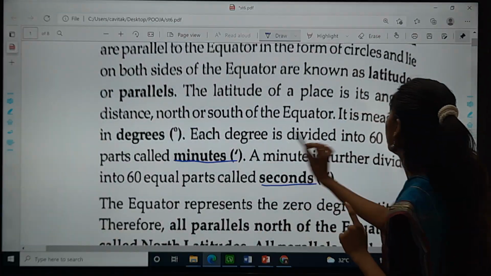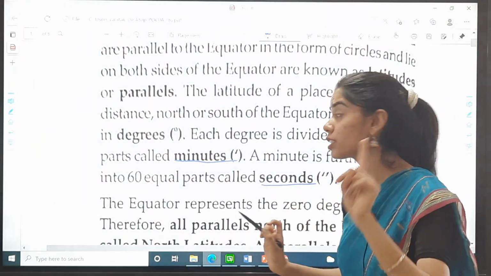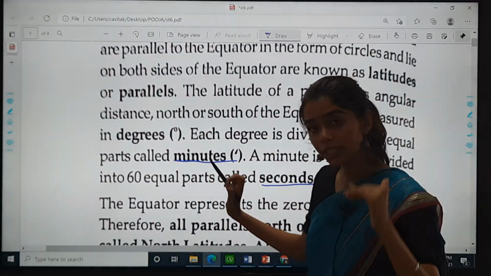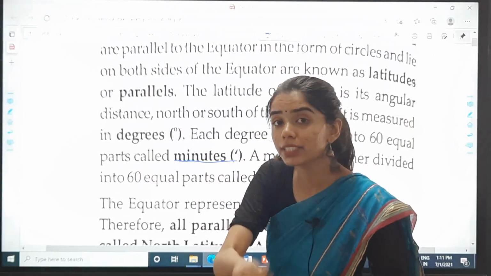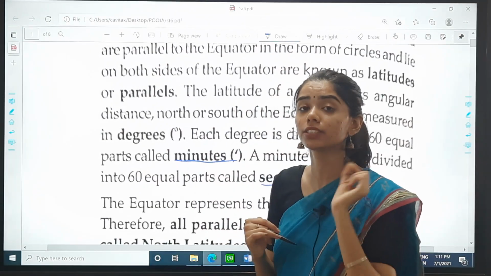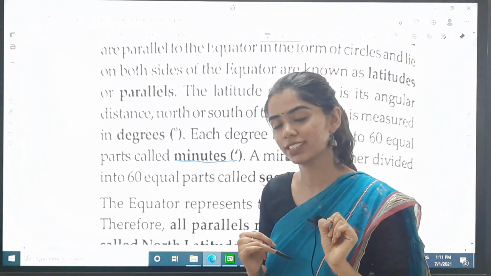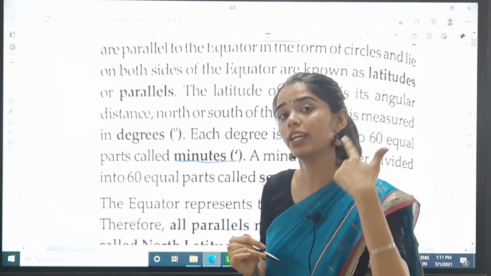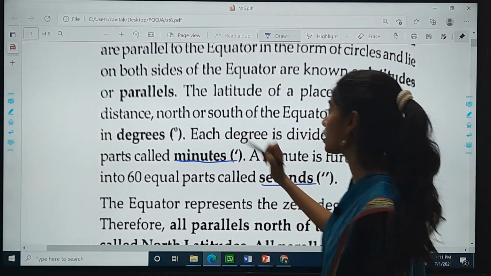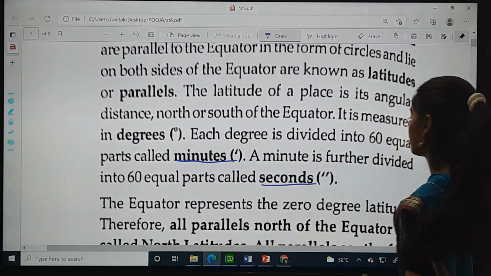Each degree is divided into 60 equal parts, उससे minutes बोलते हैं. And further it is subdivided and it is said as seconds. ठीक है, अब हमें समझ में आया कि watch में कैसे minutes होते हैं, seconds होते हैं. So this is how it is divided.